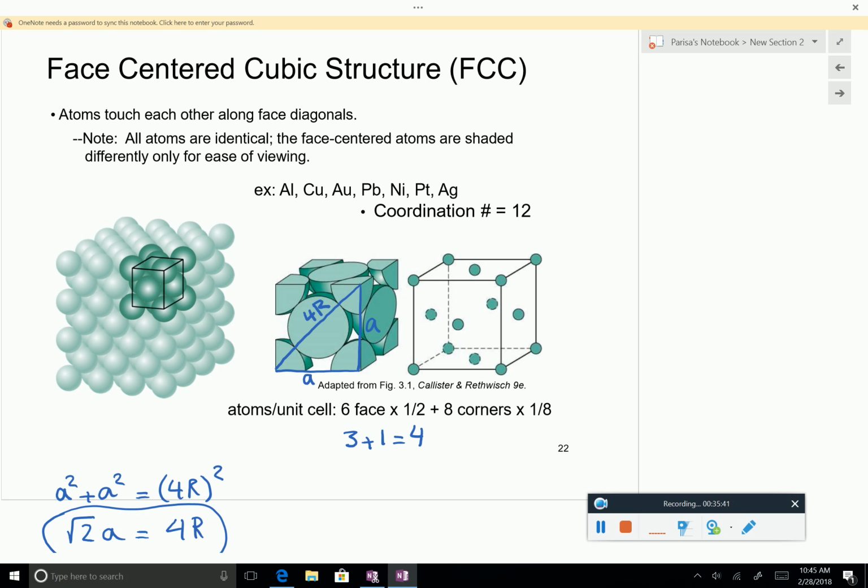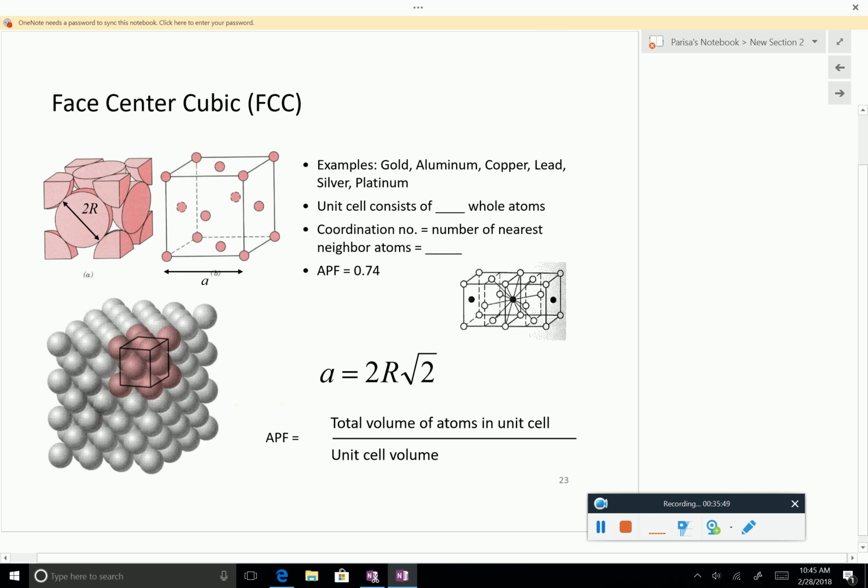So 12. Of course, I'm now asking you to calculate APF. You have the number here, try to write it down, see if you get the same answer.